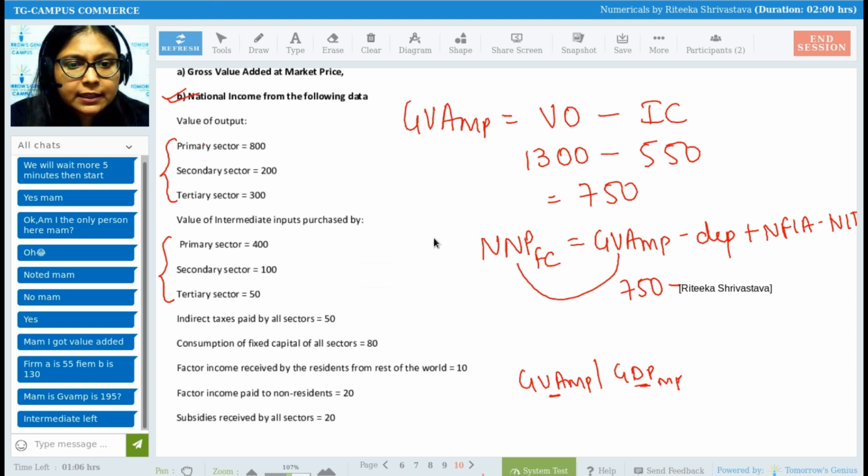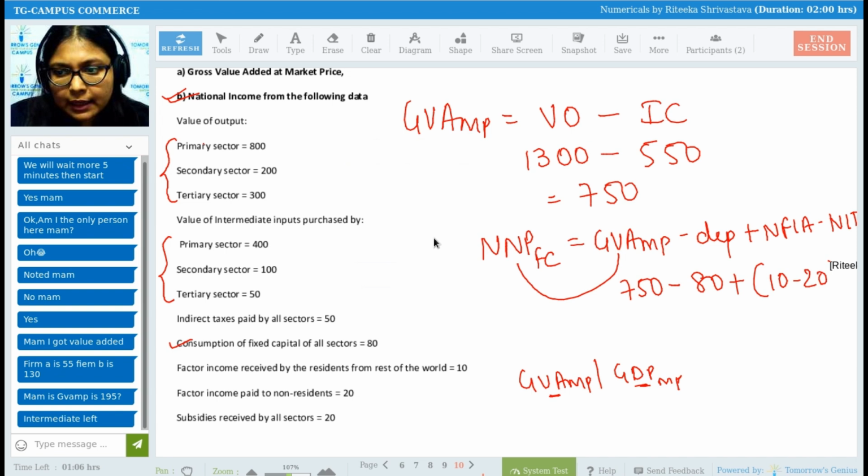GVAMP you have got already, 750. Depreciation is given, 80, plus NFI. NFI is net factor income: factor income from abroad minus factor income to abroad, 10 minus 20, so minus 10. And what about NIT?